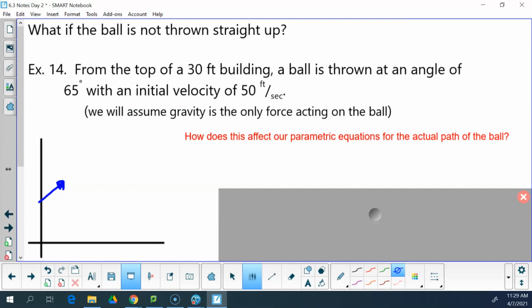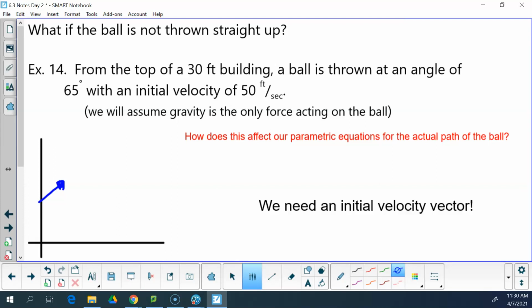If we're throwing it without wind, like we are in here, it's still going to have that upward component because I'm throwing it at an angle. Gravity's going to take effect, it's going to stop rising and start falling. It's still going to have a horizontal component because it's still going out, and it'll fall in a parabola.